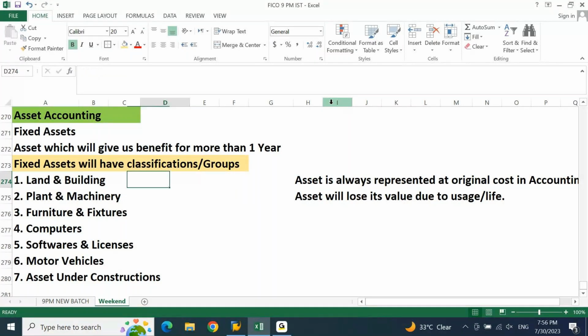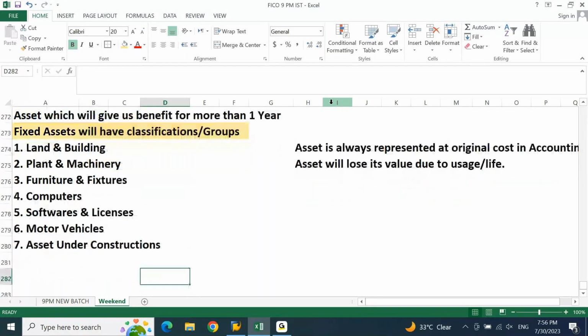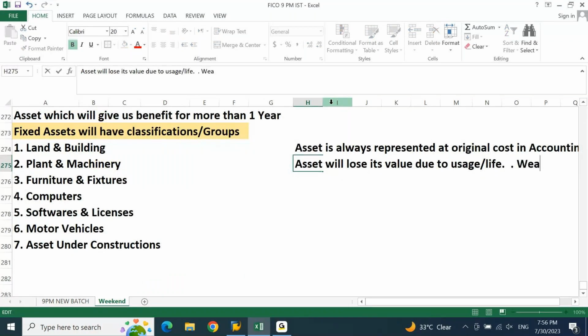So this asset will lose value due to usage and life. This is normally called wear and tear. In general, we would have heard something called wear and tear. The same wear and tear is nothing but due to usage or due to its life, the asset will lose its value.